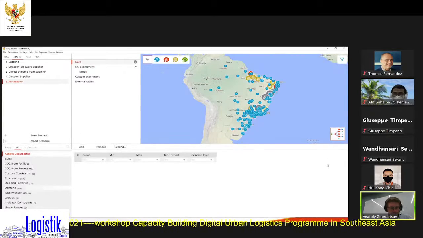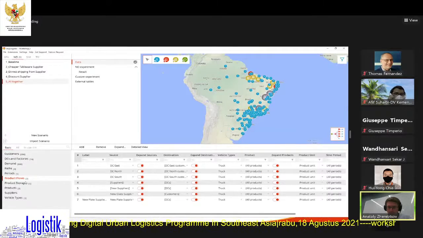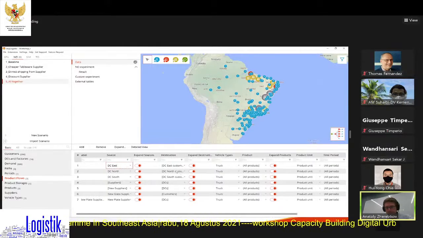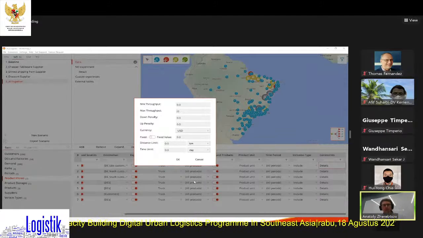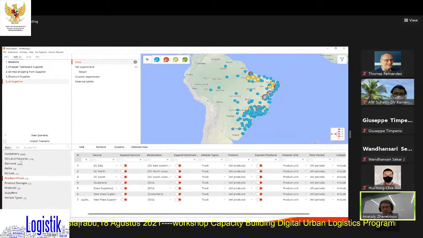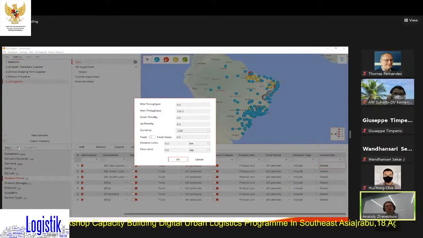When we put a constraint, for example, from a certain distribution center to customers on max throughput, that will mean that no customer can get more than 100 units of any product from this facility. And that means it is a hard constraint.